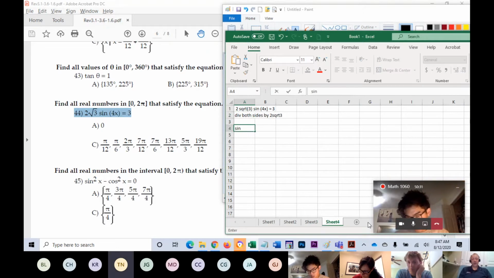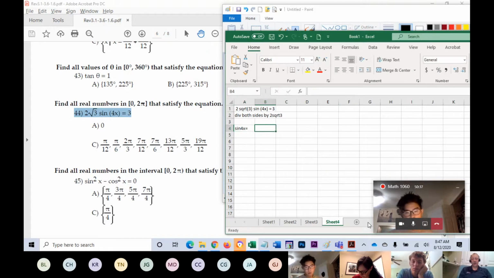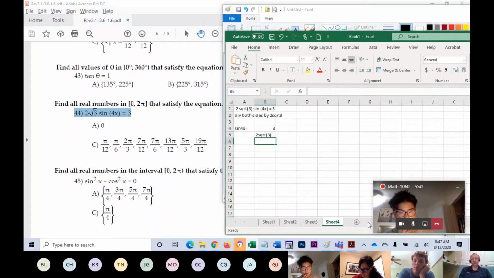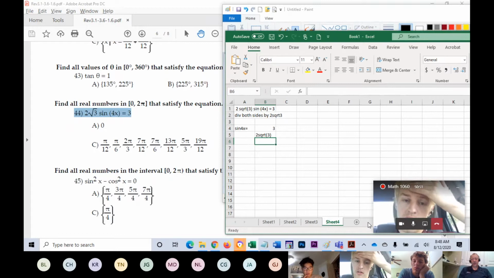So that leaves me with the sine of 4x on the left side equals, on the right side, 3 over 2 square roots of 3. And then you just take the inverse sine on the left. Right. Now the problem is, what happens if this number is greater than 1? I got a big problem, right?